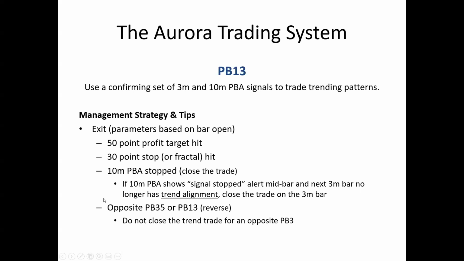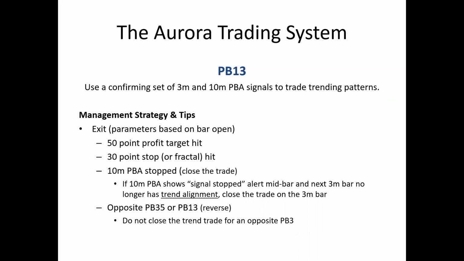The other way we will exit this trade is if the PB35 presents an opposite entry. So if we're long on a trend trade, PB13, and PB35, which is the combination of the 3-minute PBA and the 5-minute CXA, presents an opposite signal, so if you're long on a PB13 and PB35 presents a short, you're going to reverse the trade.